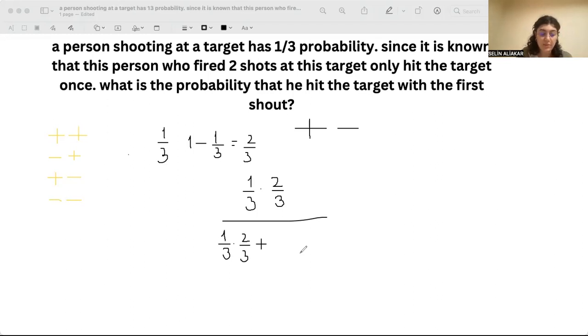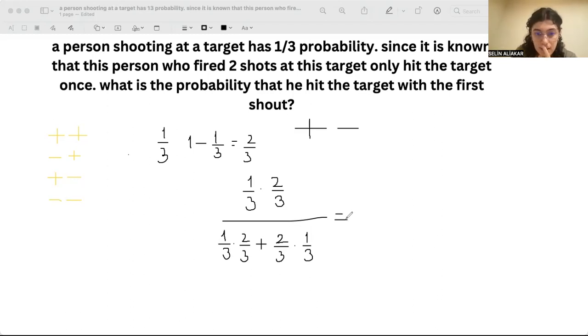He can hit the target with the first shot and miss the second shot, or he can miss the first shot, 2/3, and hit the second shot, 1/3.